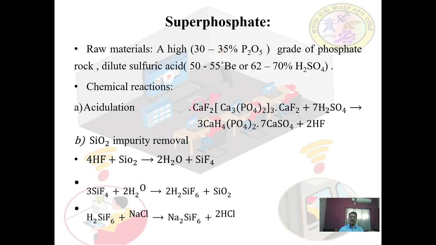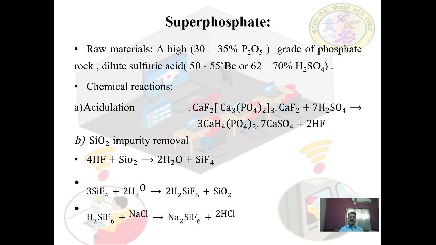The chemical reaction: the phosphate rock reacts with sulfuric acid and gives calcium phosphate, that is superphosphate, Ca(H2PO4)2 plus 7CaSO4. In total, it is called superphosphate, along with hydrogen fluoride.